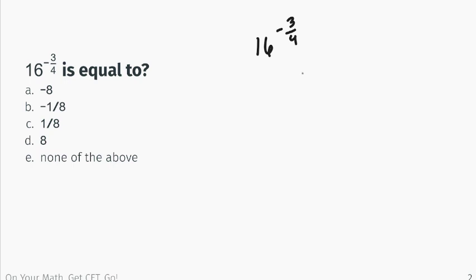What we can do here is use the fact that 16 is actually equal to 2 raised to the power of 4. By substituting that, we get that 16 raised to negative 3 over 4 is equal to 2 raised to 4, raised to negative 3 over 4.